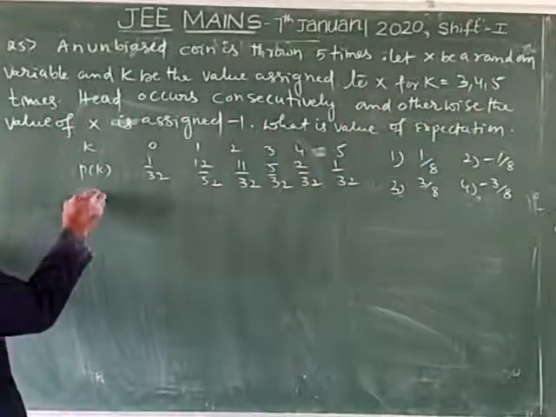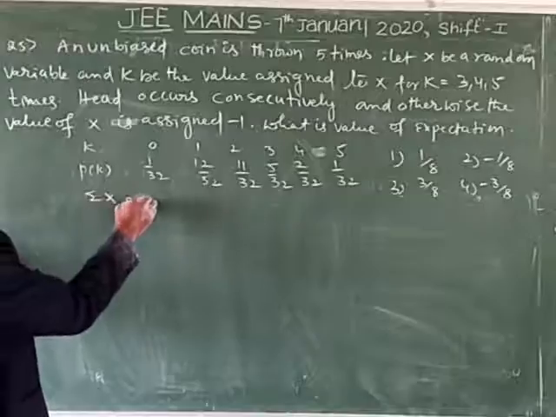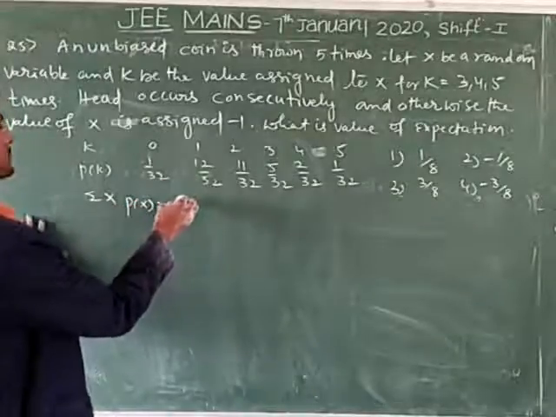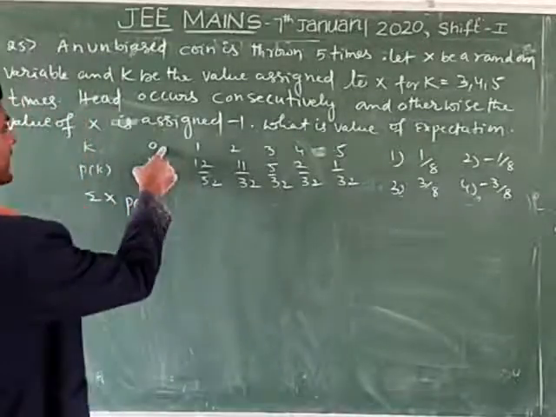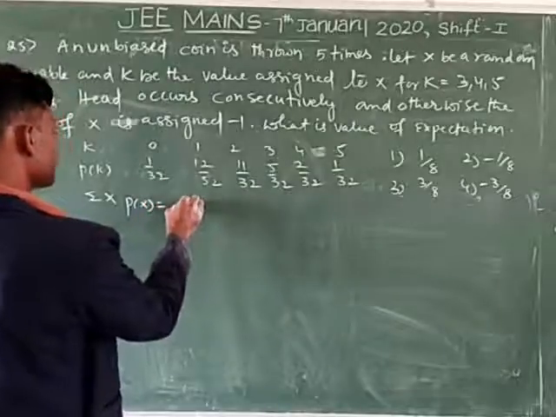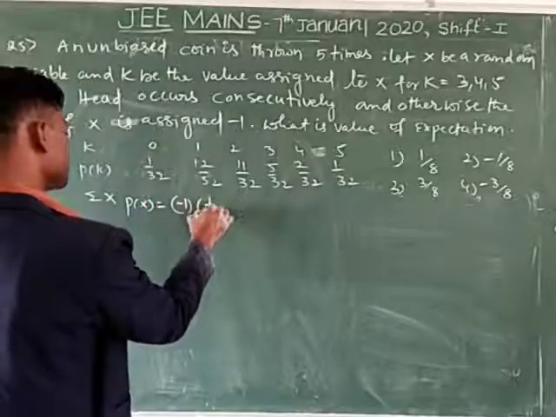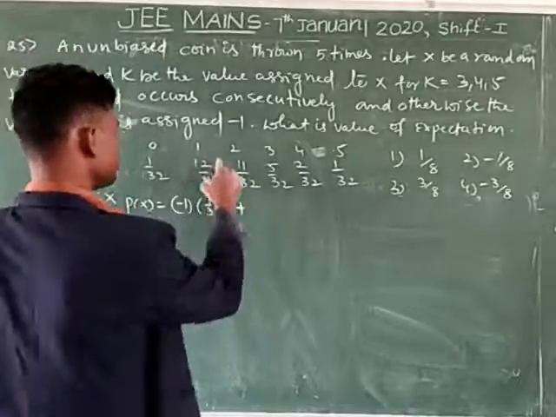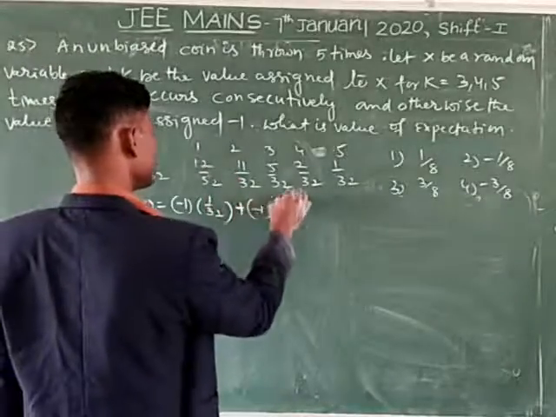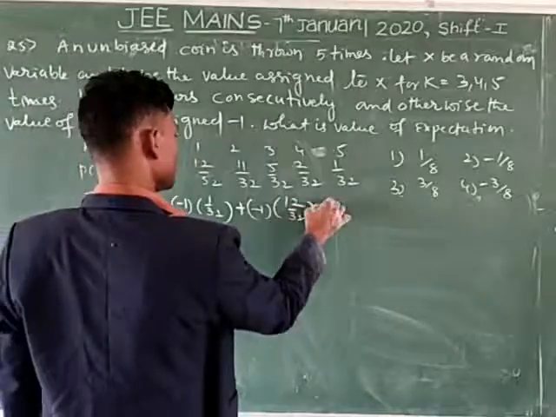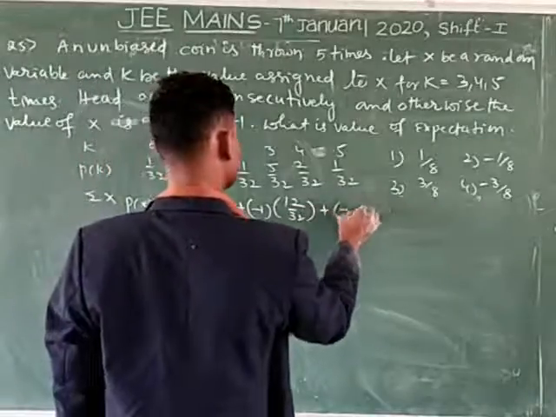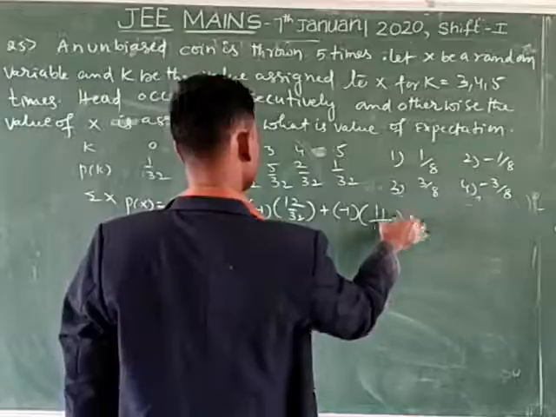Then sigma x p(x) is equal to: this is a 0 term, otherwise minus 1 into 1 by 32, plus 1 time means minus 1 into 12 by 32, plus 2 times also minus 1 into 11 by 32.